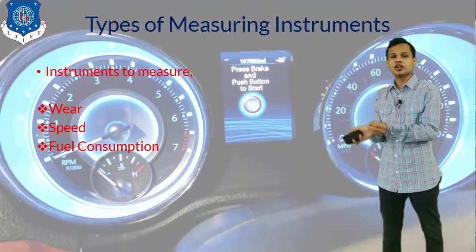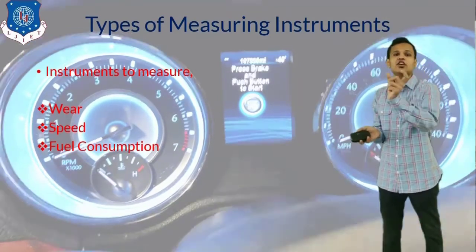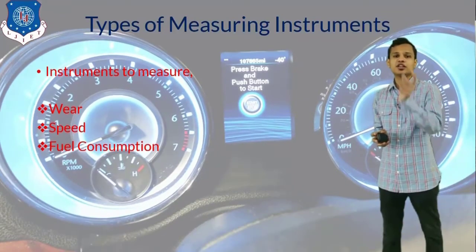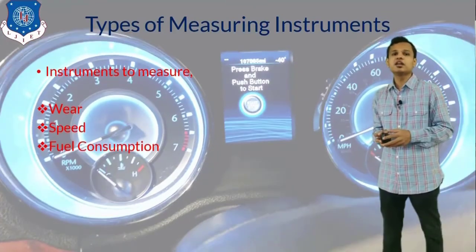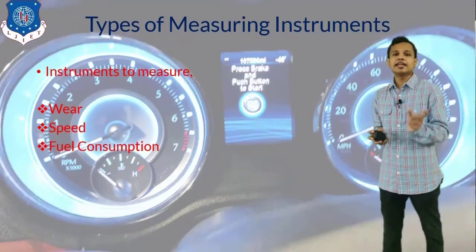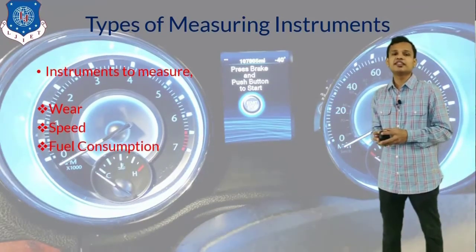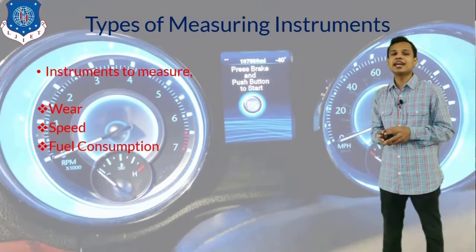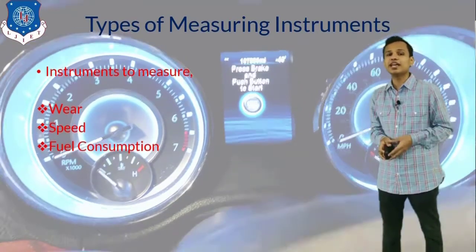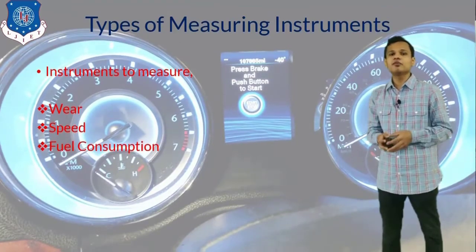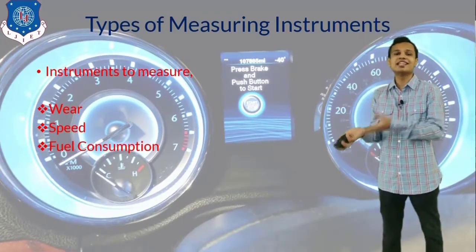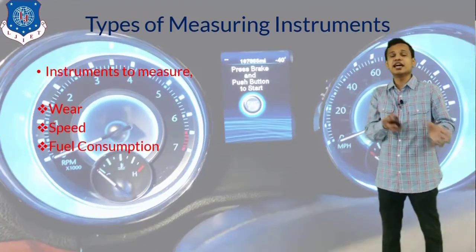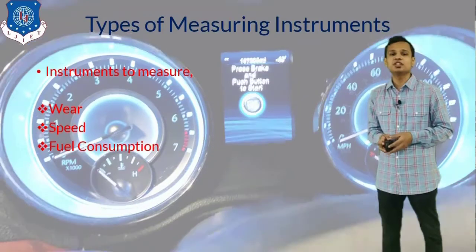The RPMs we see on the dashboard: the odometer has been given for the speed, and the tachometer has been given to see the RPM of the engine. From that engine RPM we get the power to the wheels, that is brake power. The RPM of the wheels will always be lesser than the engine RPM because there are many components in between the engine and the wheels and tires, that is the transmission system.